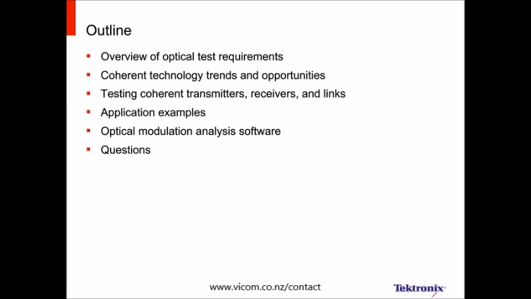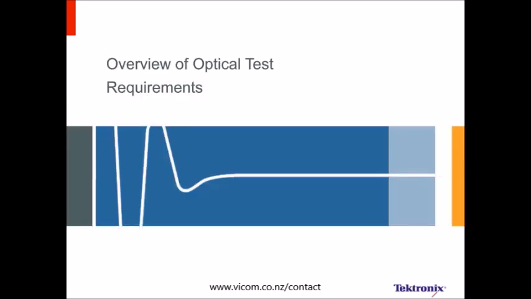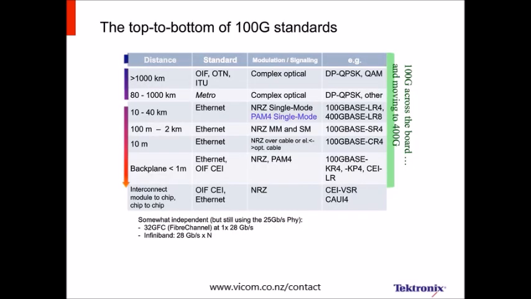So just sort of setting the stage here, it's useful to look at all the standards that exist, and this is far from a comprehensive list, of course, but just giving a sampling of standards at varying distances, from the transcontinental type distances here at the top, which is where we see the complex optical being so important, down to the shorter reaches.